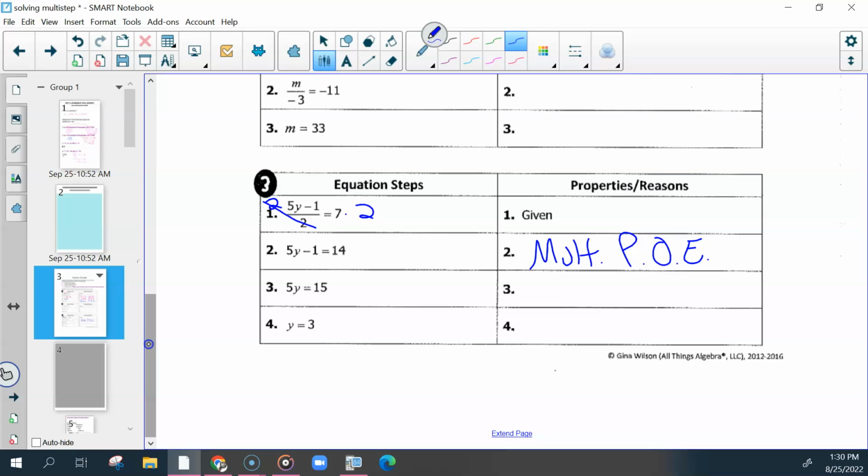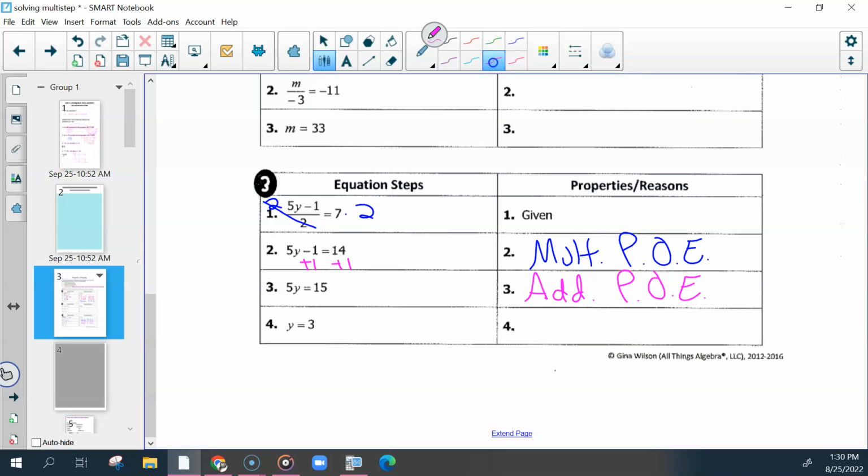The remaining steps are very similar to the one we just did. From step 2 to step 3, what did we do there? Right, addition. What did we add? 1 to each side. And then Sloan, I saw your hand up. Did you want to answer the last one?